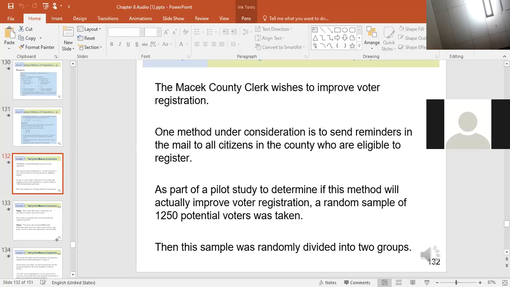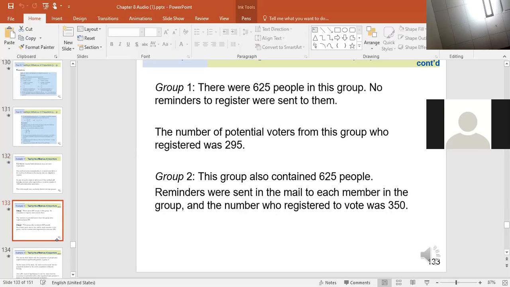Then this sample was randomly divided into two groups. In group one, no reminder was given. 625 people received the reminder, are in the group, and only 295 registered. We are going to record this information.